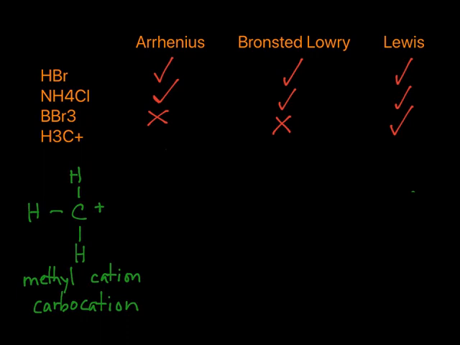Anyway, let's see when it is around water, how does it react? Again, water is our base. This is, of course, our acid. So the electron pair on water is going to be very much attracted to this. It's a very fast reaction.